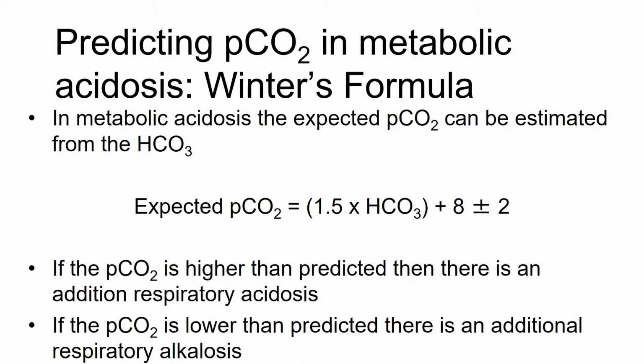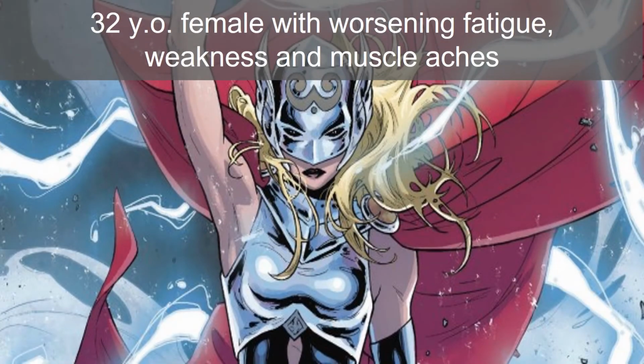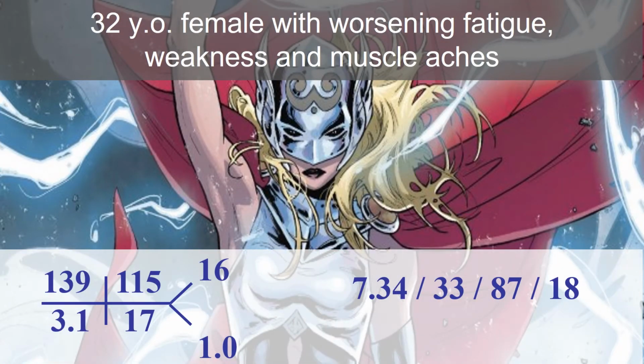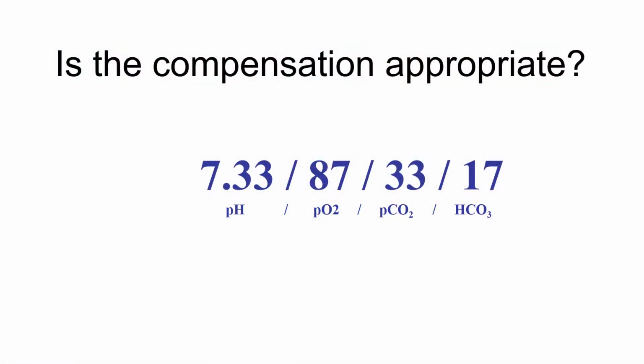So let's apply the Winter's formula. The expected PCO2, like I said, would be given by the amount of bicarbonate. Let's review our patient again. So those were the presenting values. The pH is low, so there is acidemia, right?